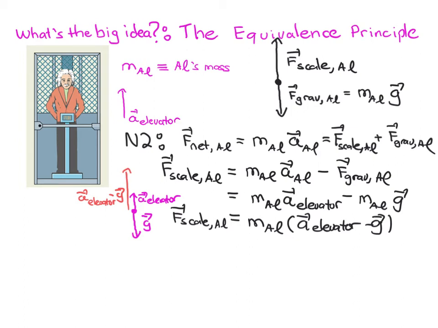And that tells you that if the elevator is accelerating upwards, the force that Al experiences on his feet will be greater. So as far as Al feels, he's going to feel heavier, if you think about it. He's going to feel like he weighs more than he does when the elevator is standing still.